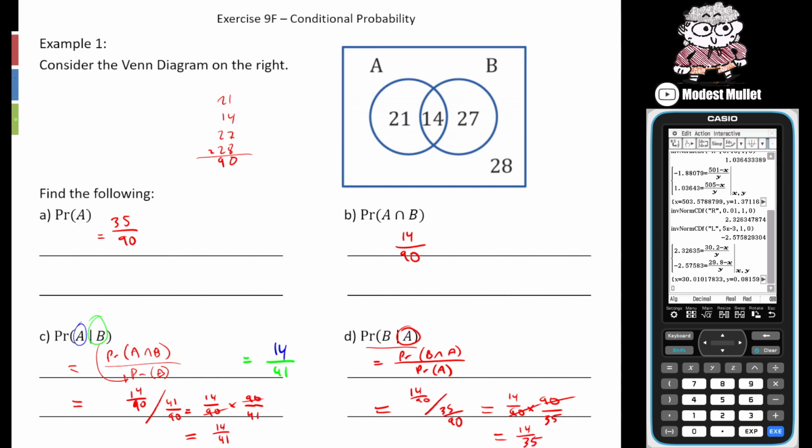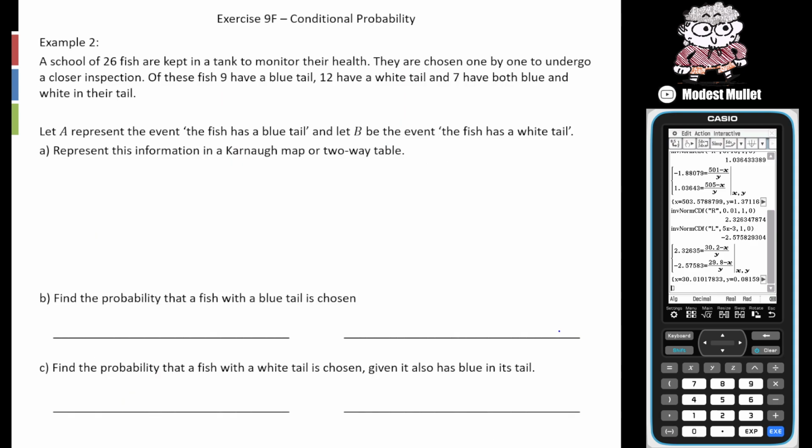And same thing, okay? We could do it graphically. Probability of B given A, so we know A has to occur, so that's our new restriction. None of that has happened. And then to get a win, we need to be in B, so we get that, which is the 14 out of possible total of 35. So same answer. Cool.